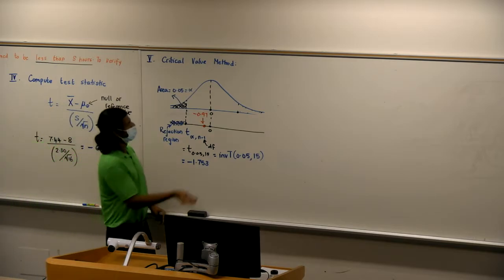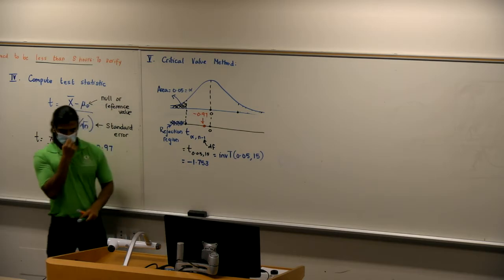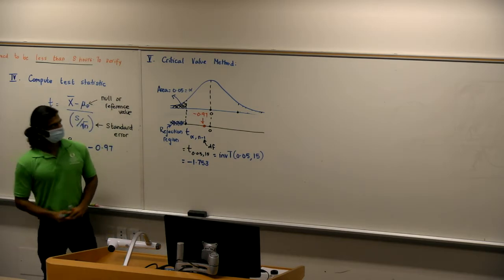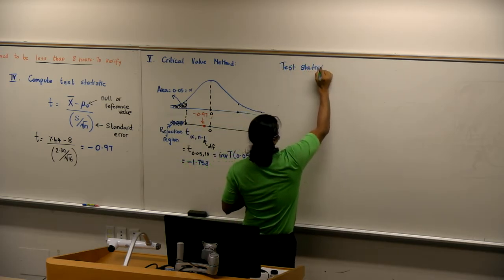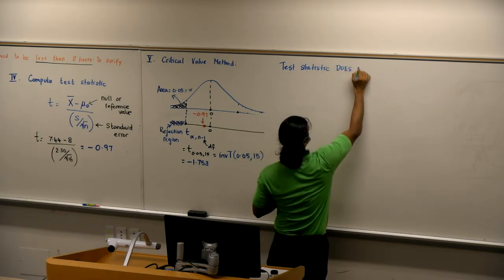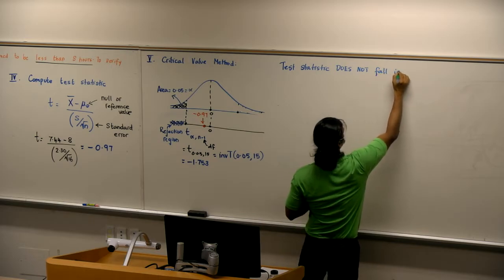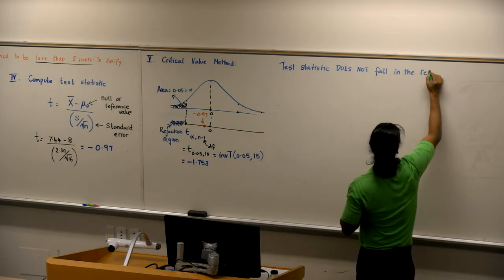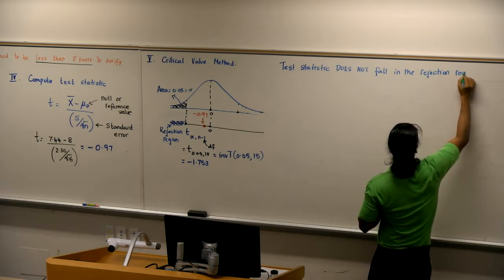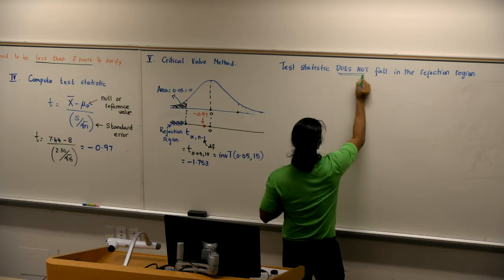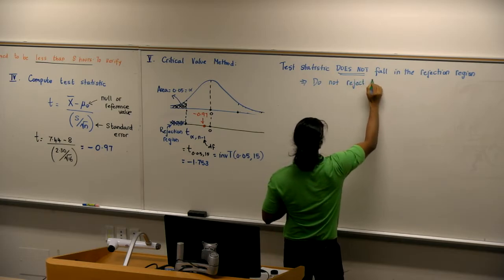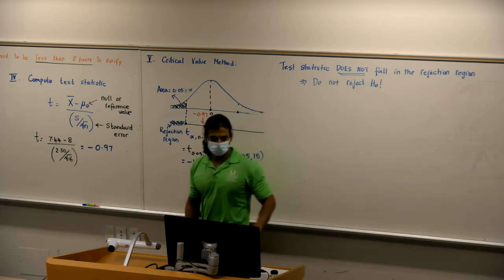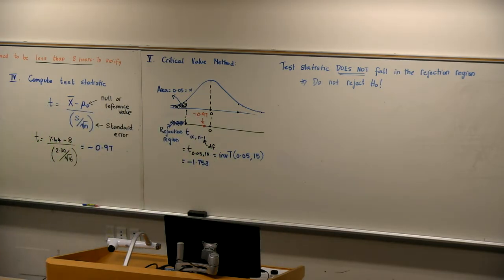My question to you is, did the test statistic fall in the rejection region? No. So you do not reject the null.